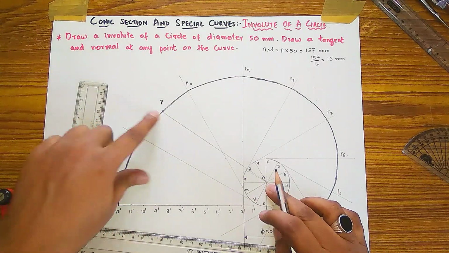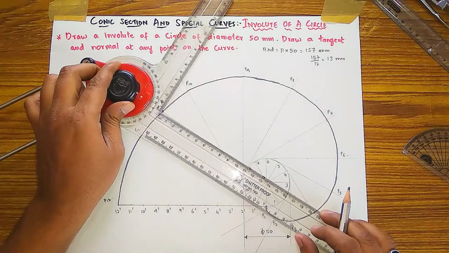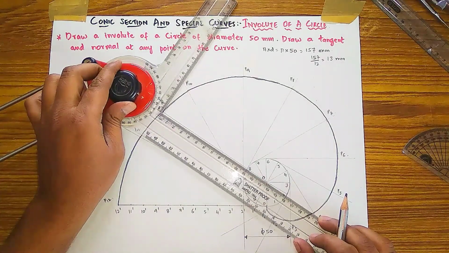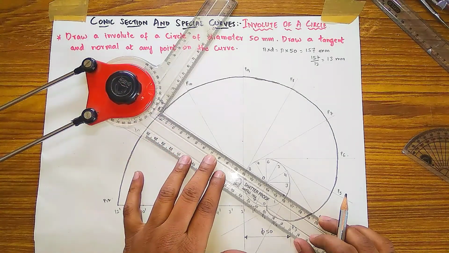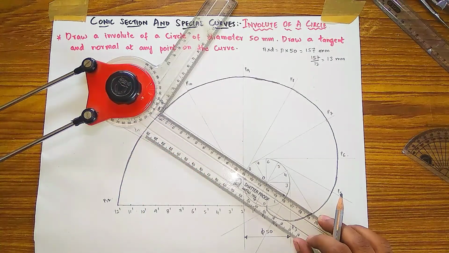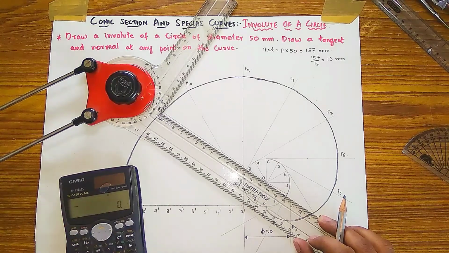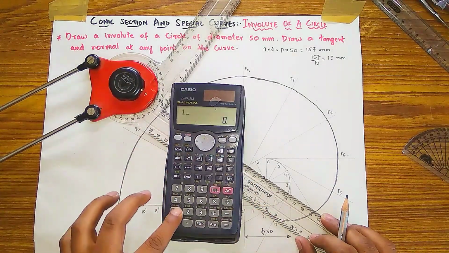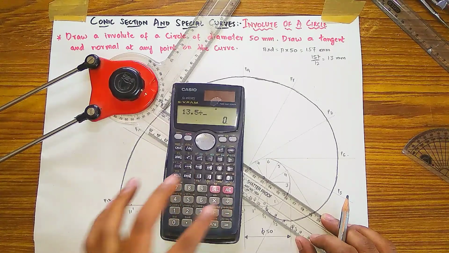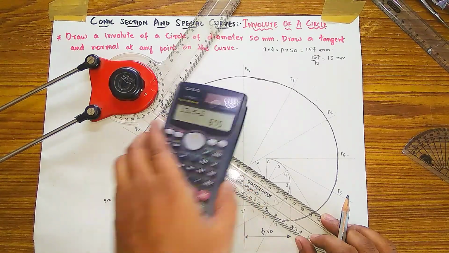So how to draw it? I am showing you from O to P. First you have to take a line and measure this line. How much? I am getting 13.5 centimeter. Half of 13.5, that is, 13.5 divided by 2, will be 6.75.